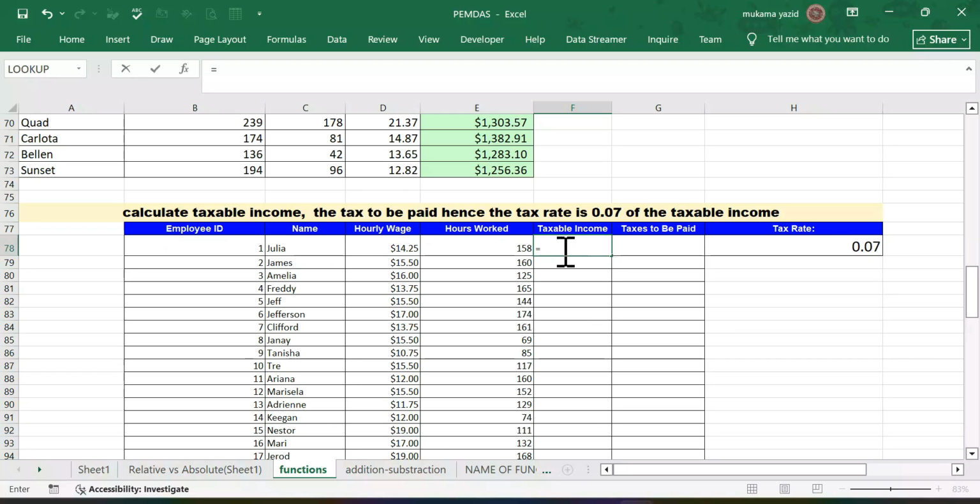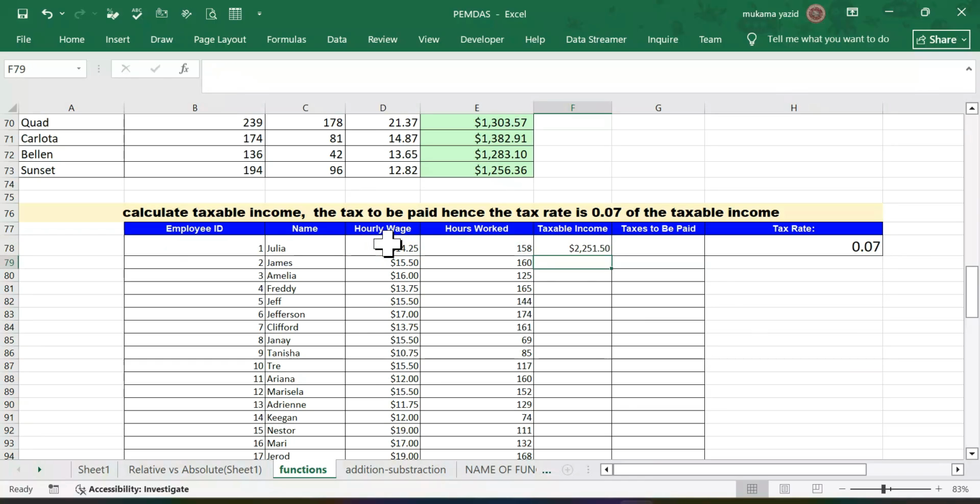If you want to get how much he earned, just multiply this one times this. So we come here and select this, multiply by the hours he worked. Oh, sorry. This time it was multiply by the hours he worked. So this is the hours he worked.